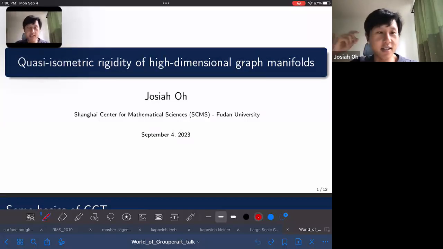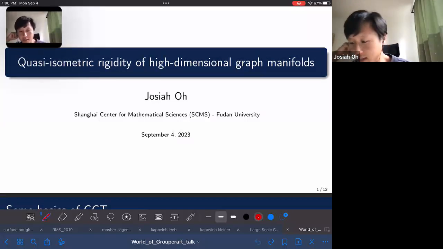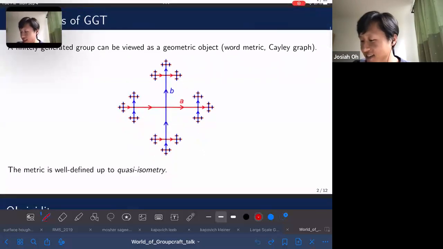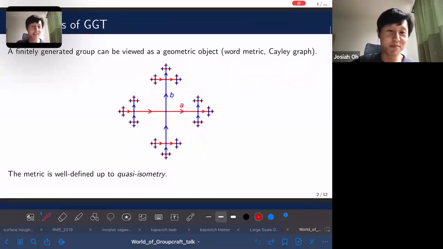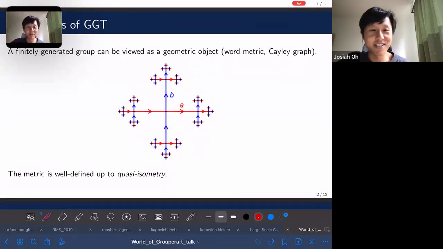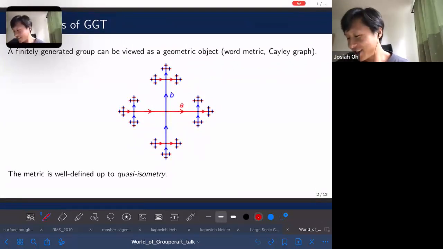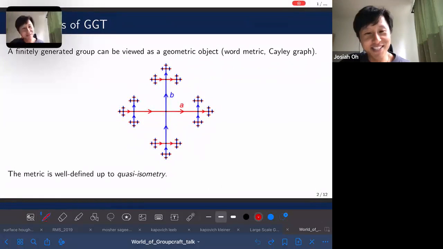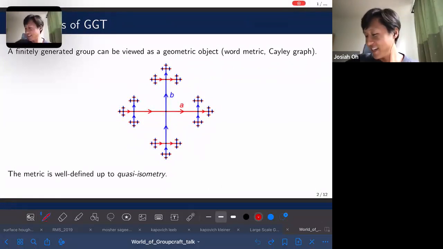This is a GGT conference, as I understand, but let me not assume too much and start from some basics. I also want to warn you, I don't plan to give any precise definitions, maybe just main ideas. If that bothers you, I apologize, but I think it'll be okay.